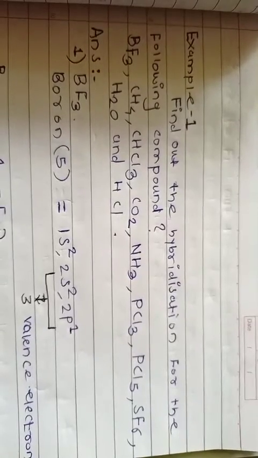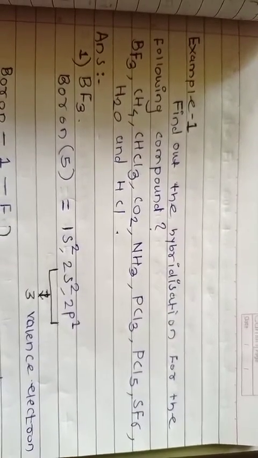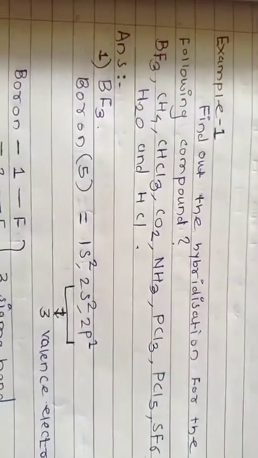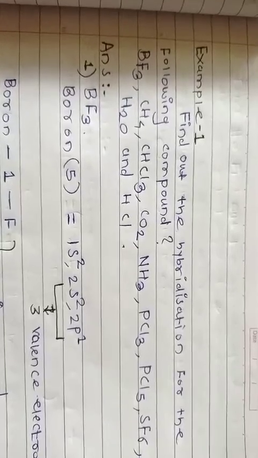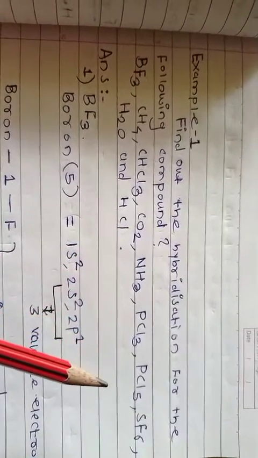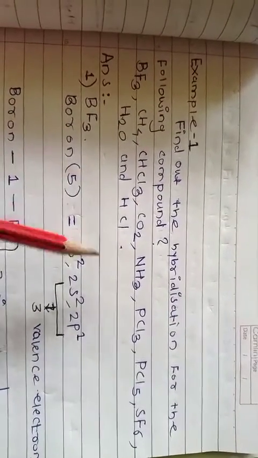For example 1, we are asked to find out the hybridization for the following chemical compounds: trifluoroborane, methane, chloroform, carbon dioxide, ammonia, PCl3, PCl5, hexafluorosulfur, water, hydrochloric acid.